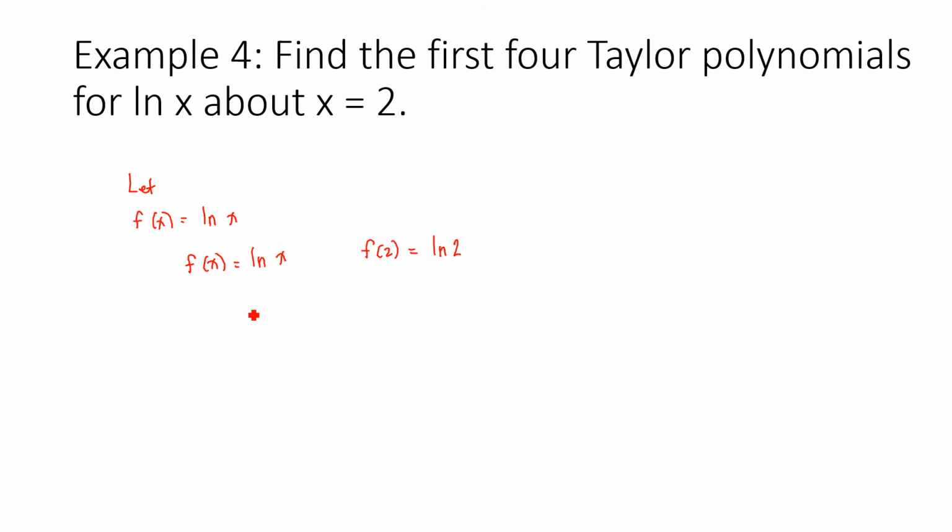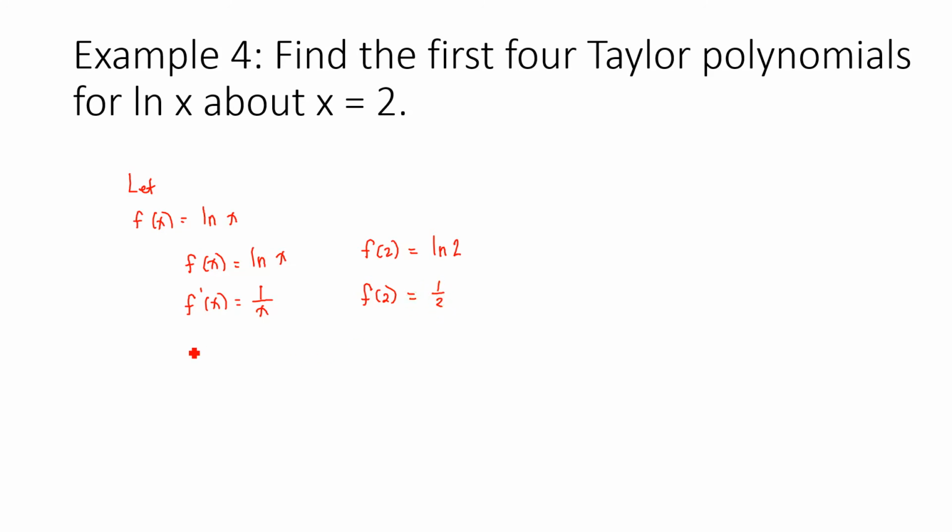Now, the first derivative of the natural logarithm of x would be 1 over x. Then substitute 2, and that would be equal to 1/2.